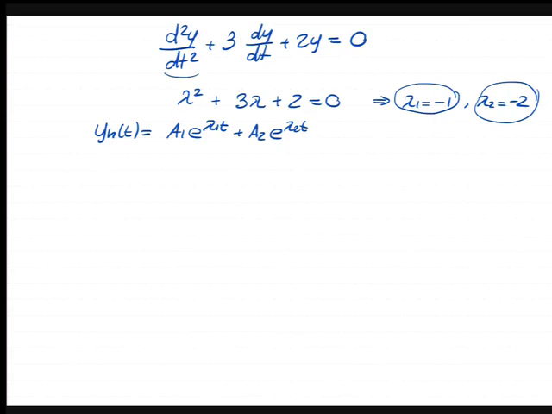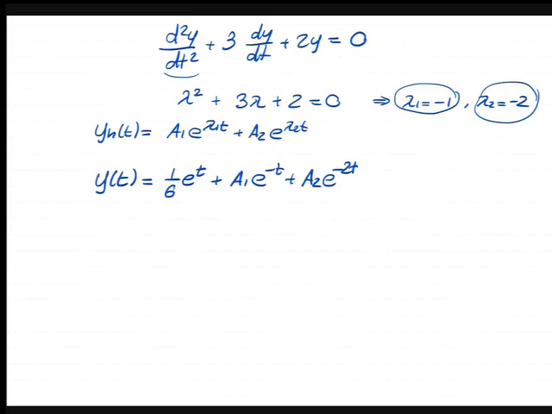So then we write a solution of this form. The particular one, which we found to be 1 over 6 e to the t plus a1 e to the lambda 1. Lambda 1 was negative 1, so I'll just write negative t, plus a2 e to the negative 2t.